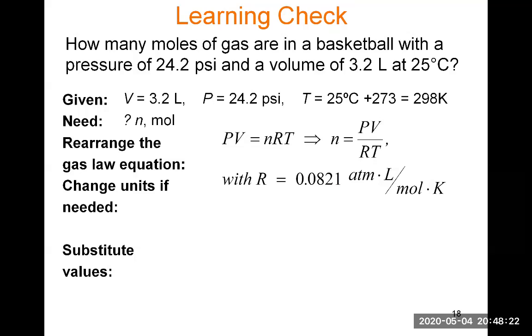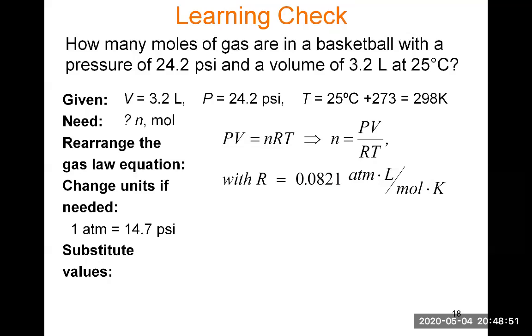So you will have to change your PSI to either millimeters of mercury or atmosphere. And in my slides here, I've chosen to do it with the atmosphere. So then I will change my pressure into atmosphere by using the fact that 1 atmosphere is 14.7 PSI. And that means I will use the R value that has the atmosphere in its unit.